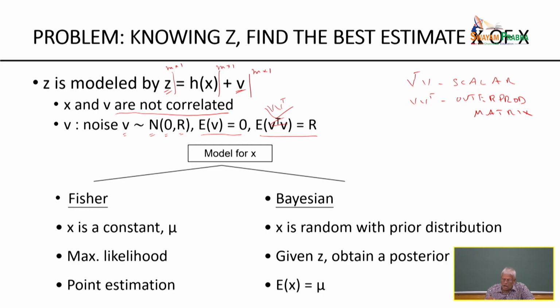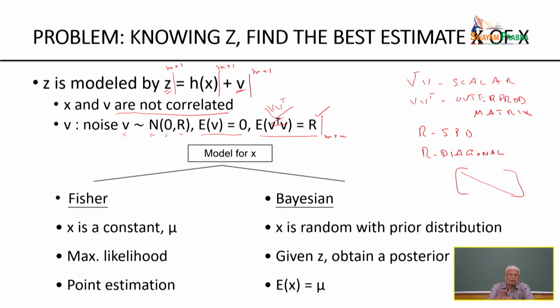I am assuming R is a function of the instruments. R is an m by m matrix. In general, we are going to assume it is symmetric and positive definite. A special case is where R is a diagonal matrix. Please understand, R is a matrix whose diagonal elements are variance components.